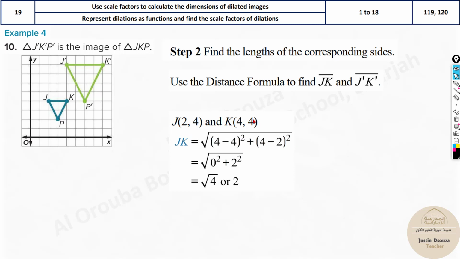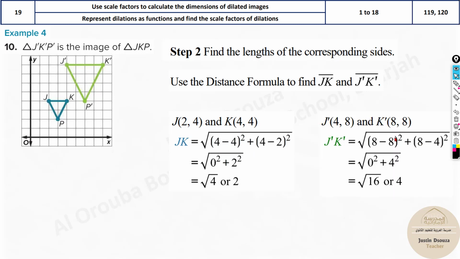Now here you just substitute. Here you can write it as y2 minus y1 the whole square, plus x2 minus x1 the whole square. It's the same answer, because over here they have written y2 first. But the answer will be the same. Here also you need to do the same thing.